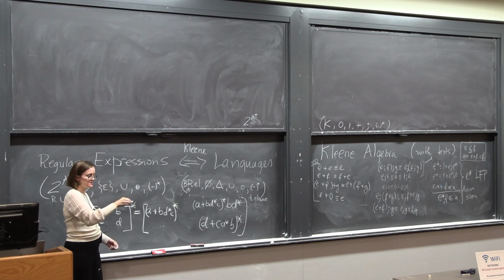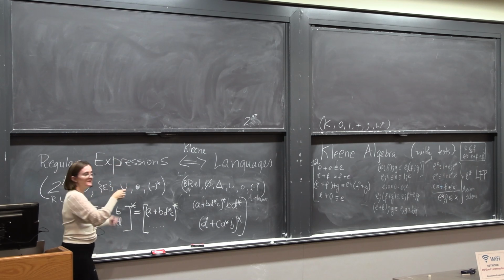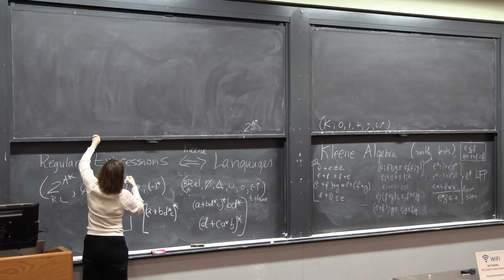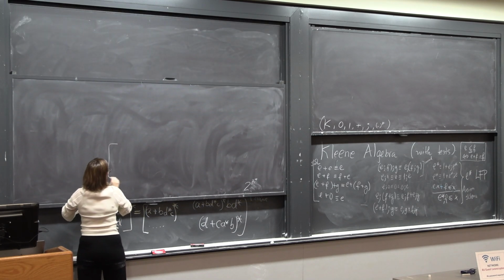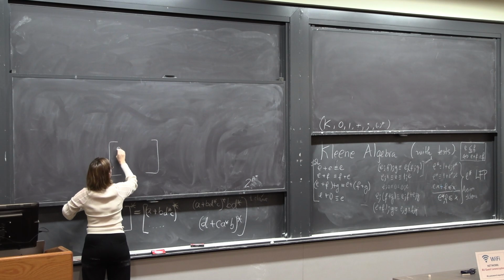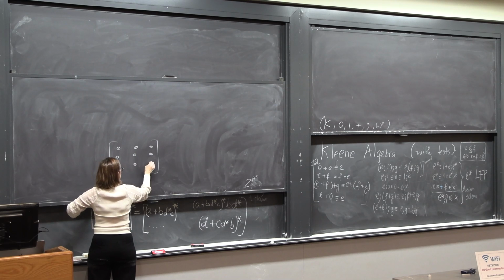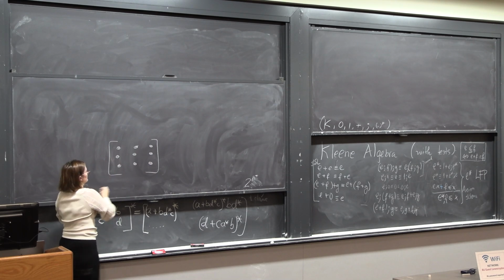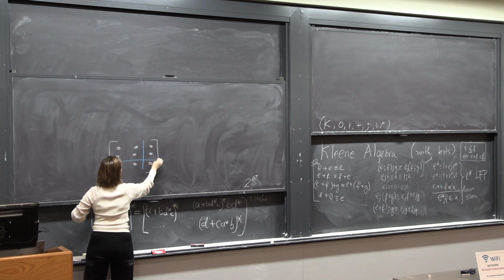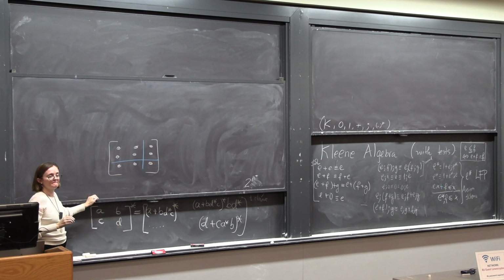I first compute the solution of the smaller one, and then I replace it in the rest. Does everyone see what I mean? So if I have a 3 by 3 matrix, I can split it, say, like that.